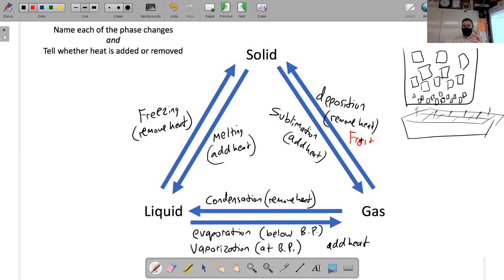It can also be frost on grass, but a lot of times that's liquid that then freezes. Sublimation, a good example, is when the snowpack decreases in its density. So snow can evaporate.